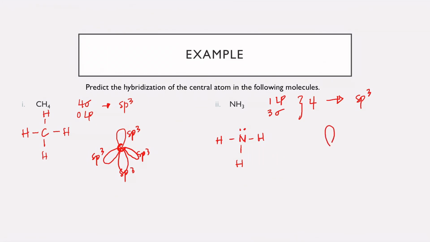So, just like CH4 just now, the difference is you're going to put the lone pair at one of the sp3 hybrid orbitals. Yang lain available for bonding.